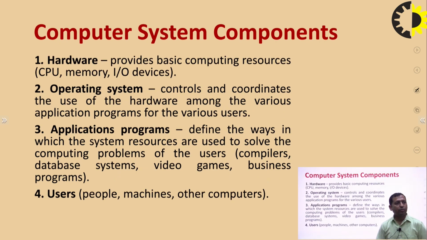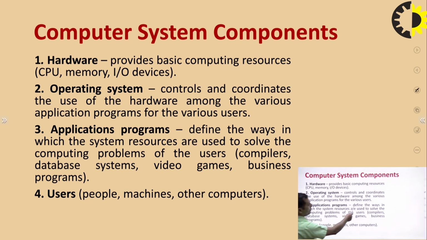Now, different components of the computer system. Hardware provides basic computing resources just like CPU, memory, input output devices, and the operating system controls and coordinates the use of hardware among the various application programs for various users. Application program, what is application program? It defines the way in which the system resources are used to solve the computing problems of the users, just like the compiler, database system, video games, business programs, and many more.